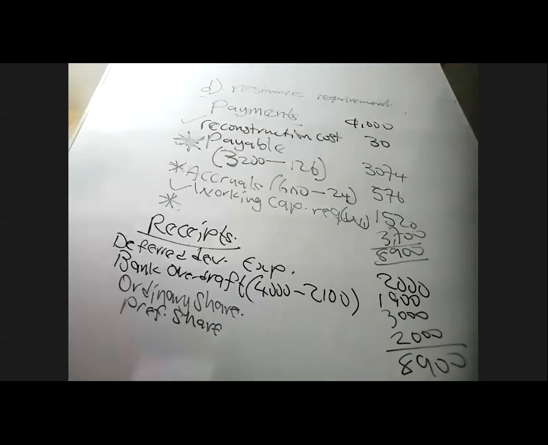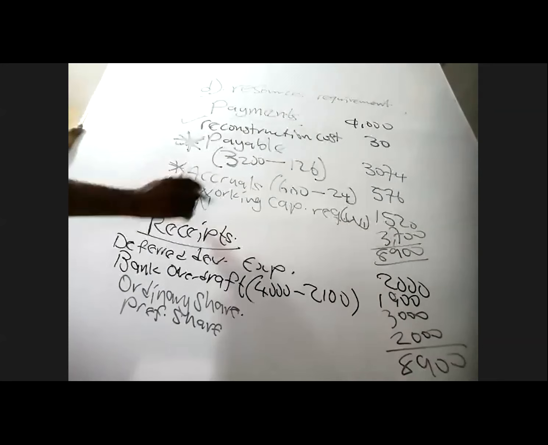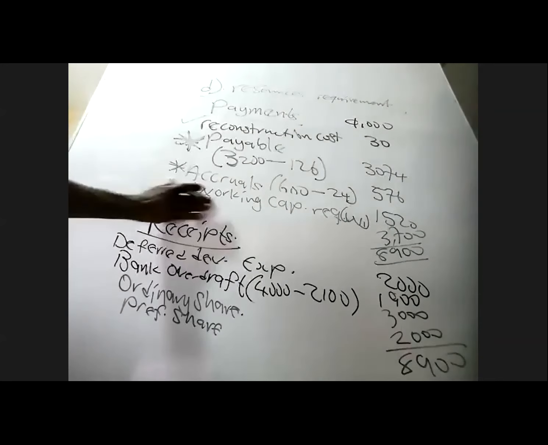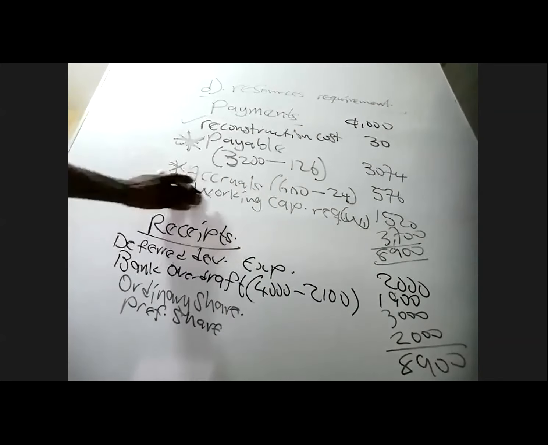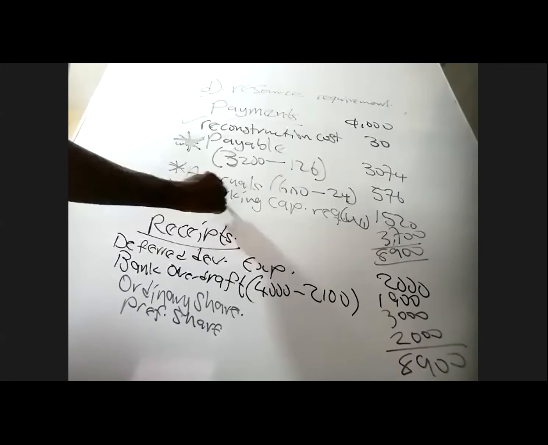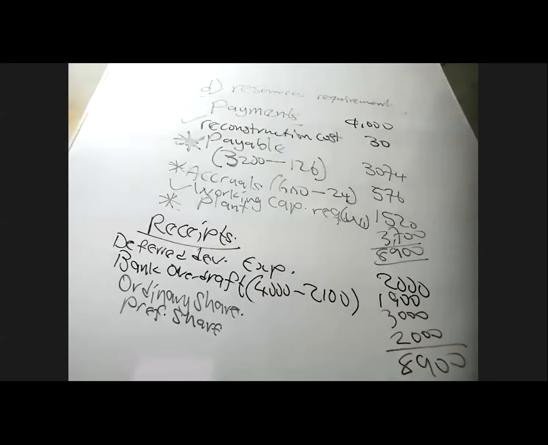You can tell them they should buy a new plant, so write plant and machinery, PPE. They should go and buy a new plant because now they are reviving, and very soon production will start and they will be producing plenty. So that's 3,700. We are done.